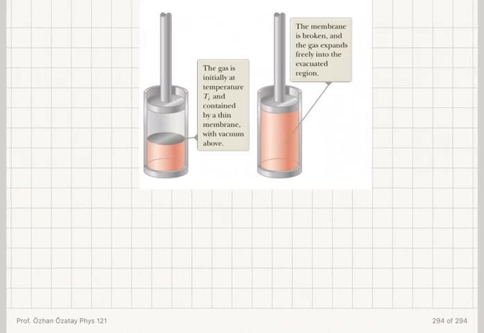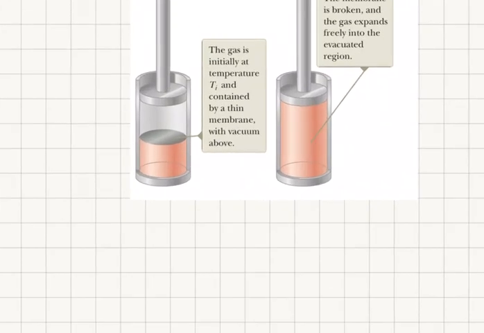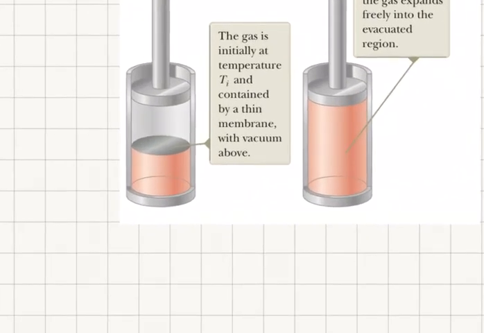Now there's one more process I would like to look at, and this will be a model process for us for some of the rest of the discussion. I have a gas that is initially at temperature T initial and contained within a cylinder, underneath a thin membrane with vacuum above it.